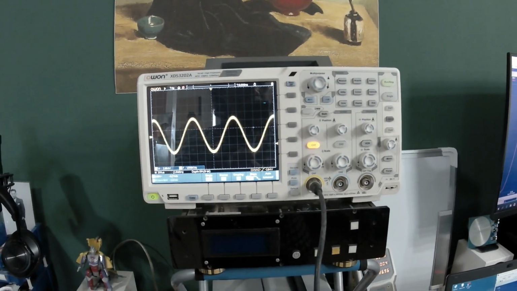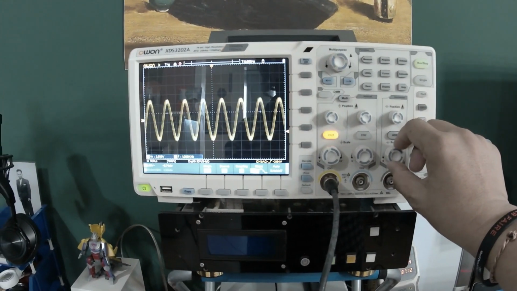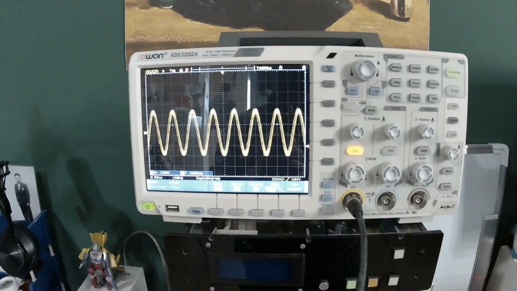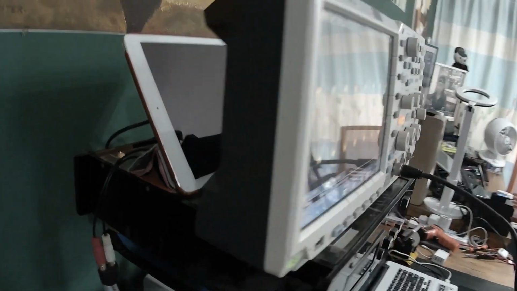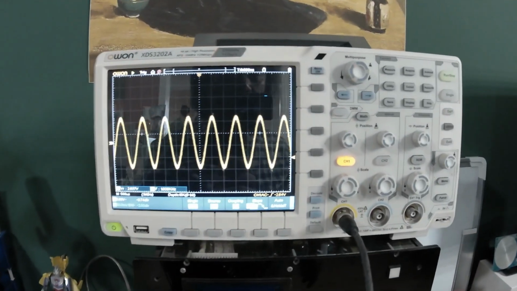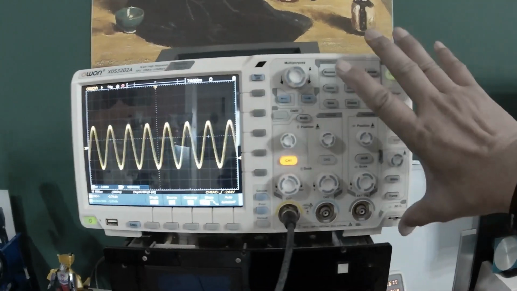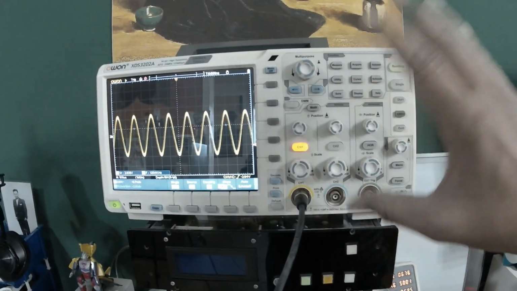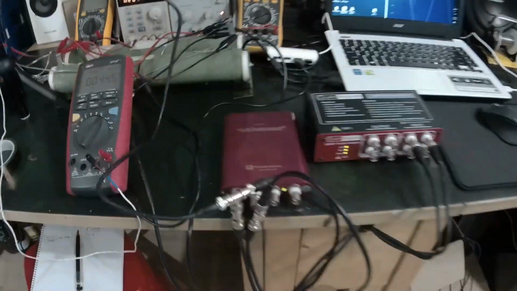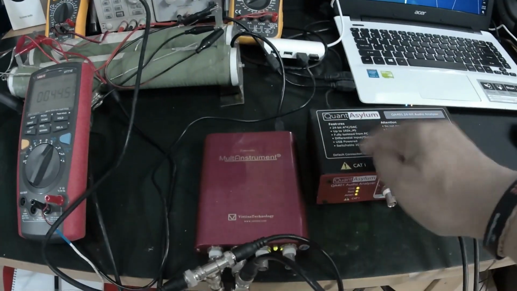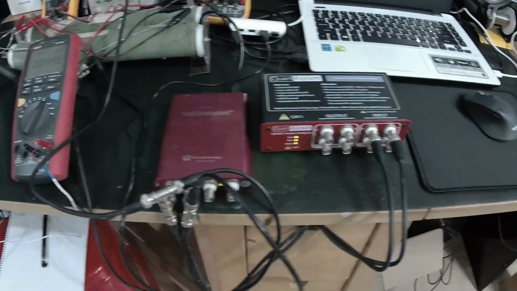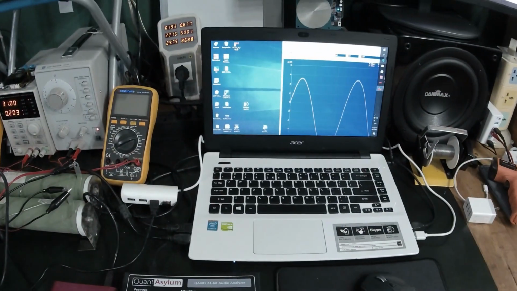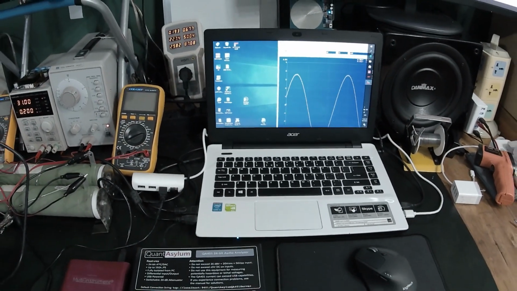There is one thing I'd like you to know: the oscilloscope right now is not using AC power. It's basically operated using a battery. So this oscilloscope right now is not ground referenced, just like these two pieces of equipment, which are also not ground referenced. And I believe the PC is also not ground referenced.